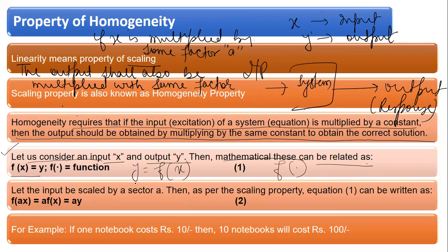What I mean to say is that y is a function of x. Right? Now, if you multiply x with some factor a, now your function has become f(ax). Okay, scaled means multiplied.